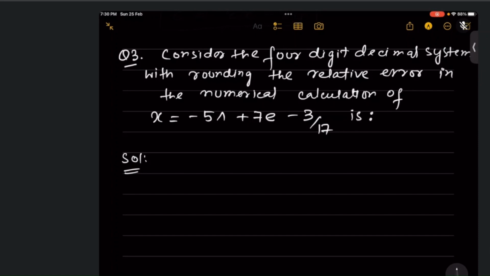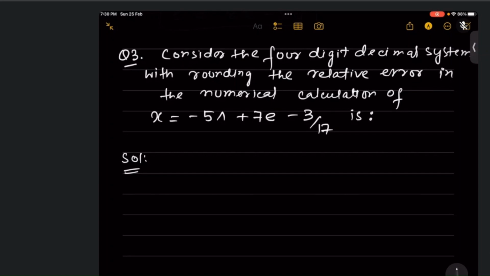Didn't you find these in the assignment? Because this is the previous year assignment, so I don't know how different this year's assignment is. Are there any sums like this in your assignment? Finding rounding error is there, but this is not there. Okay, fine.